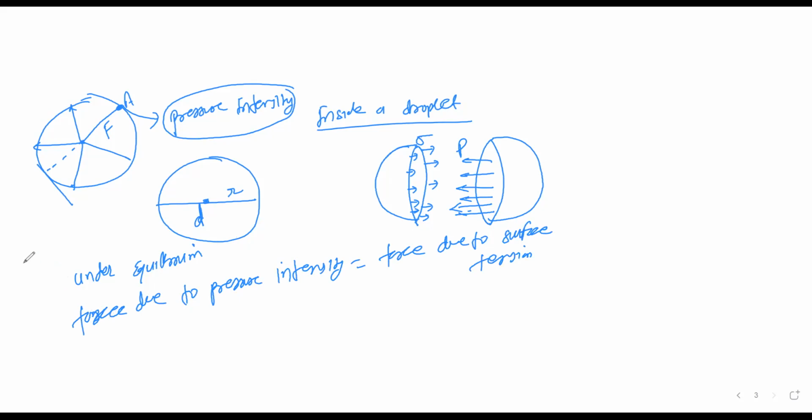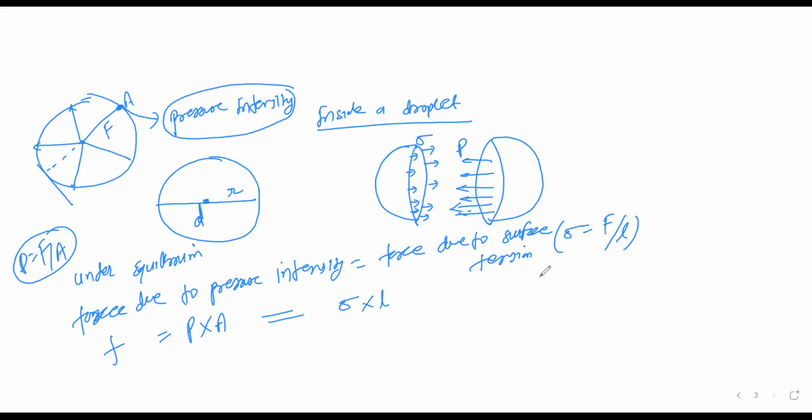Since we know that pressure is force by area, the force will be pressure into area. And surface tension sigma is force per unit length, so F is equal to sigma into L. Remember that this L is the circumferential length, because surface tension acts on the circumference.